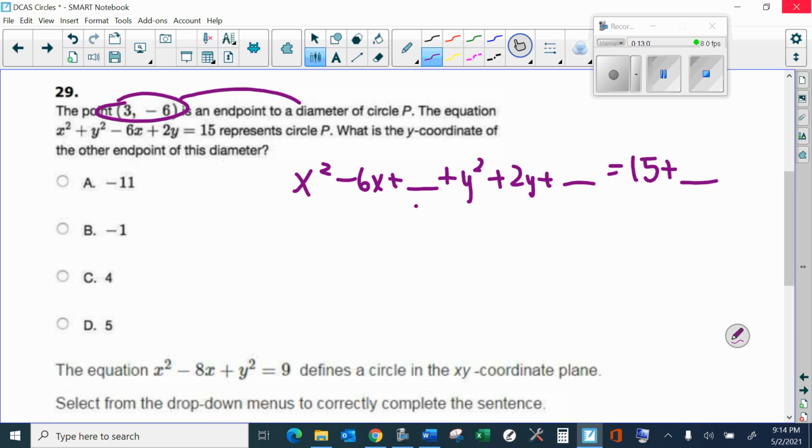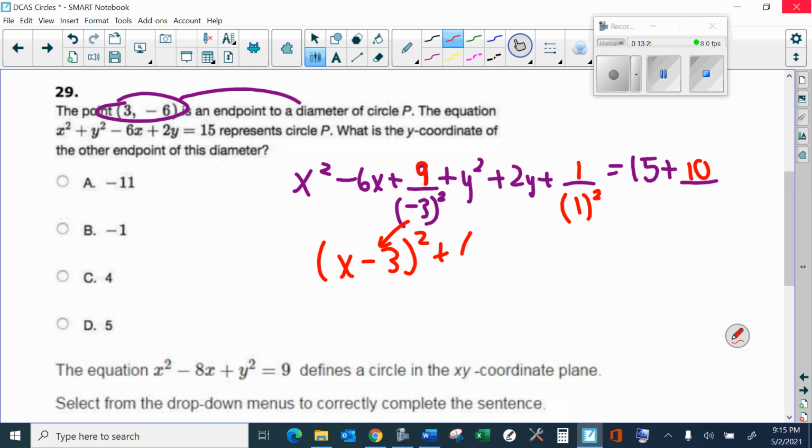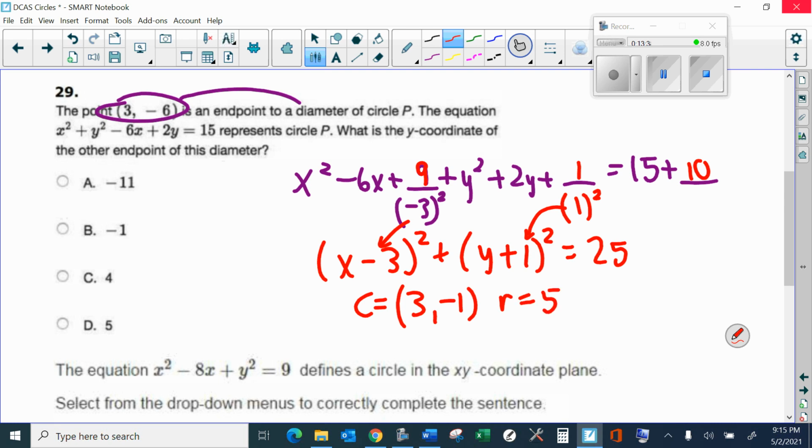So it's half of b, which is negative 3 squared, which is 9. I'll change the color so you know I'm adding to it; it wasn't in the original problem. Half of 2 is 1, squared is 1. So I added 10 to the left, so I must add 10 to the right. This factors into (x minus 3) quantity squared plus (y plus 1) quantity squared equals 25. Just drop that down. So my center is 3, negative 1. My radius is 5.